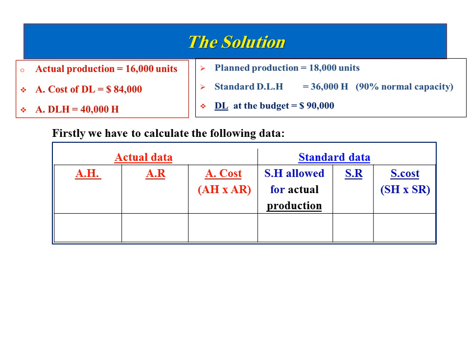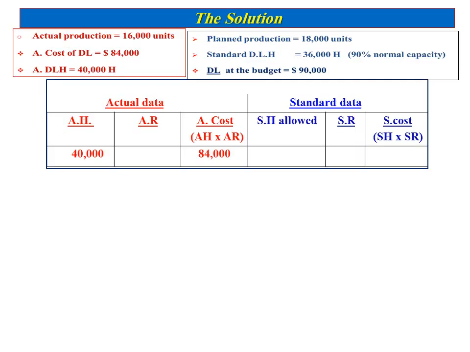Firstly, actual, on the left side here, I have actual cost of direct labor 84 and actual hours 40, so there is no problem for calculating actual rate. Very simple. How to calculate actual rate? 84 over 40 will equal 2.1. This is the actual rate.